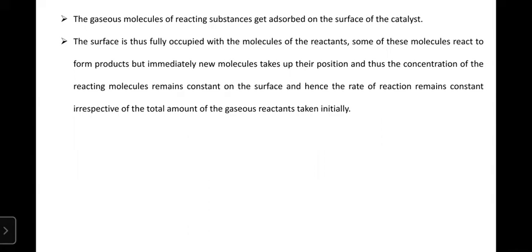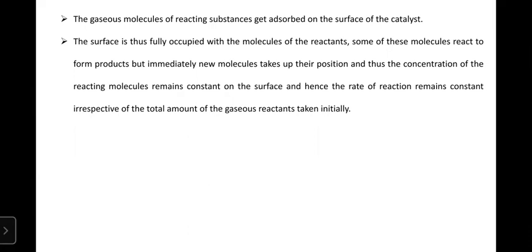Again, new fresh molecules get adsorbed on the surface of the metal, which is nothing but tungsten, and again they convert into product. So just consider the surface, not the whole reaction. At the surface, the concentration remains constant.